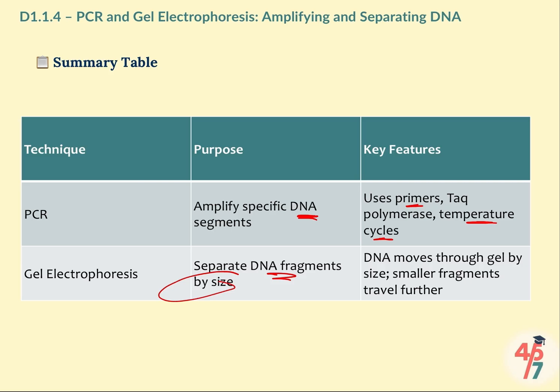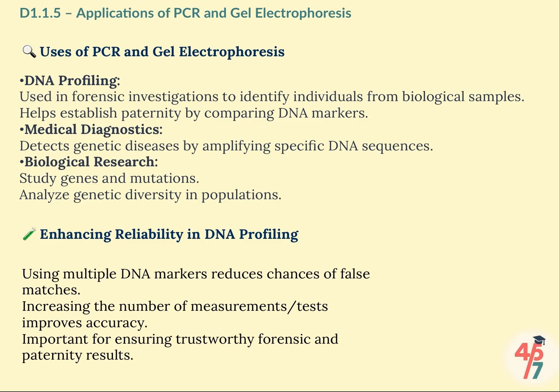However, in gel electrophoresis, DNA moves through the gel by its size, with small fragments moving faster and large ones moving slower. So why do we use this? We do this for DNA profiling, whether for forensic investigation, like who committed the crime, who is the serial killer, or a paternity test, who is the father of the child.